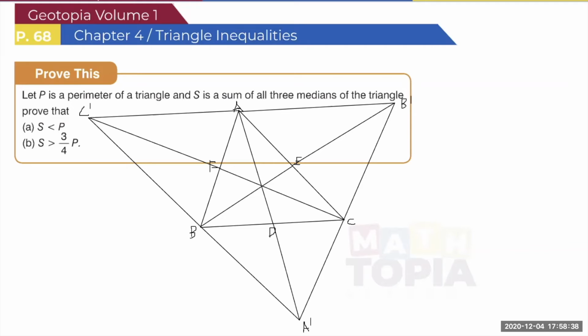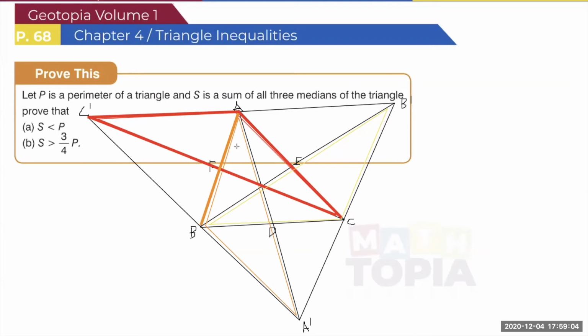And we'll need to focus on 3 triangles for this one. First, we focus on this triangle, then on this triangle, and on this triangle.